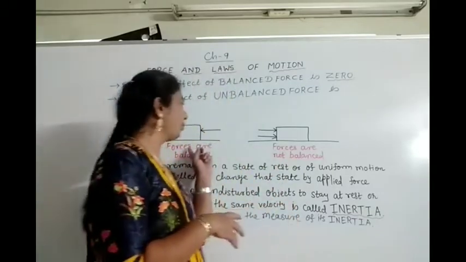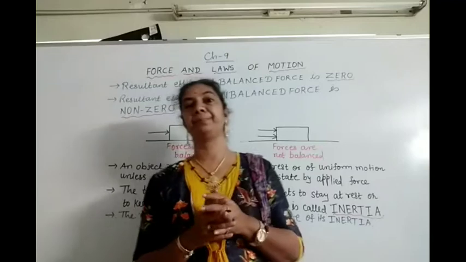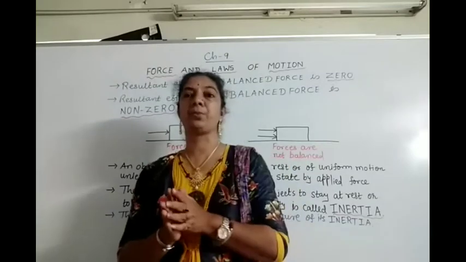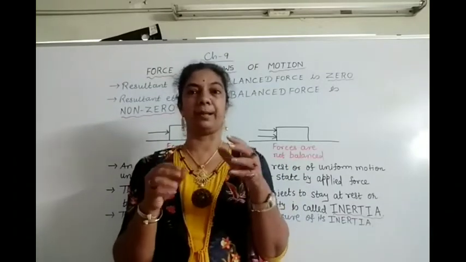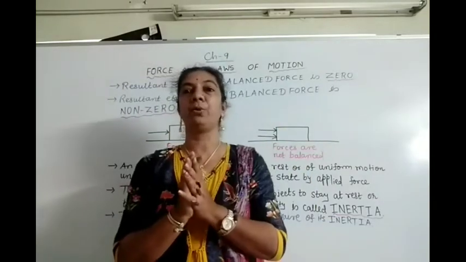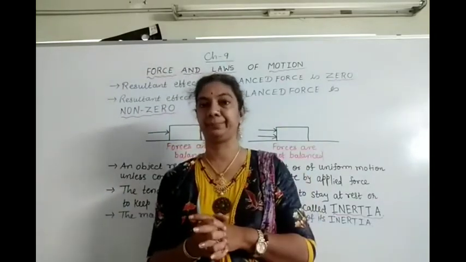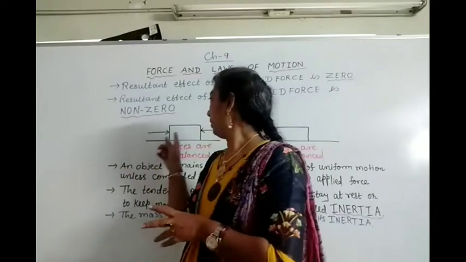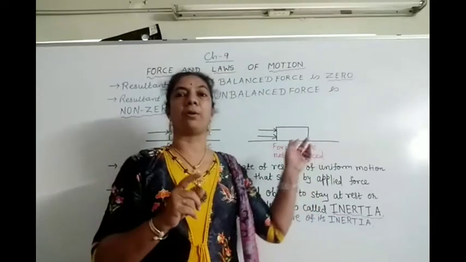Keep these two diagrams in your mind, which are given in our textbook also in the form of two children and a big box. They are pushing the box. Same thing I have drawn schematically over here. Say we want to move this box.